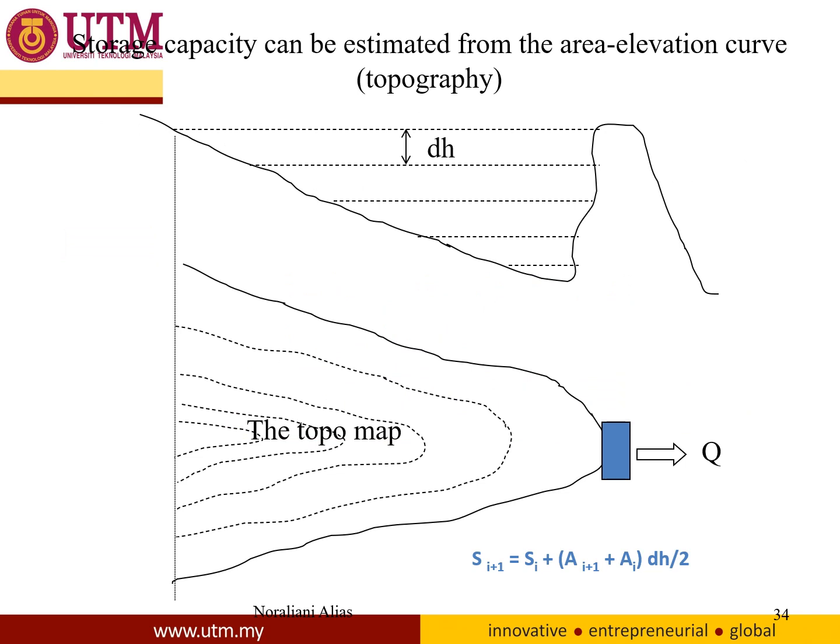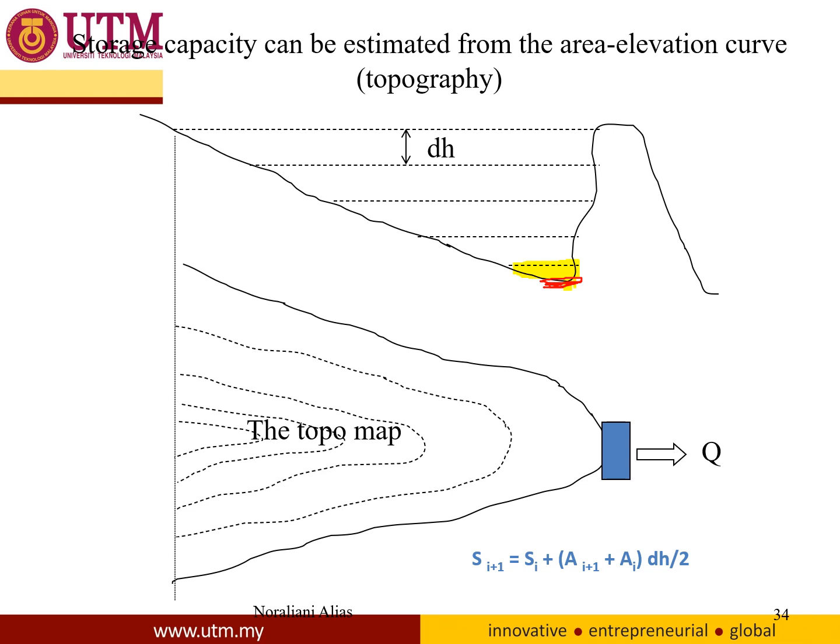For example, S1 is this storage. Because it starts with 1 here, the previous storage S0 would be 0. Below, 0 is here, there is nothing.